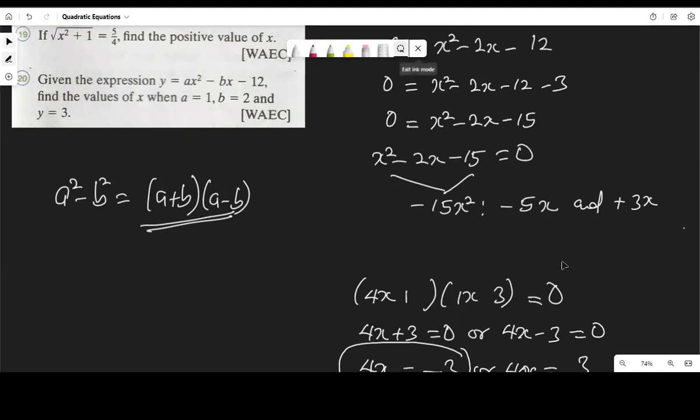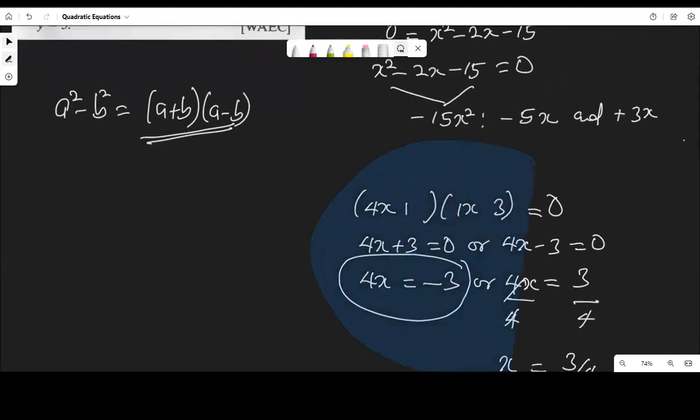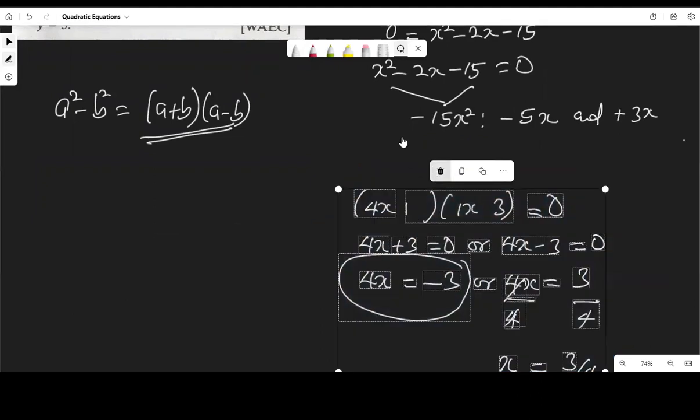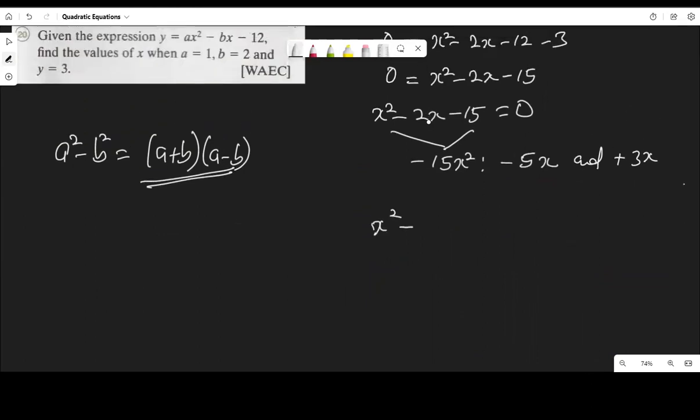So now that we know the factors, we're going to replace the middle term with those factors so that the equation becomes x squared minus, instead of minus 2x, we replace this with minus 5x plus 3x minus 15 equal to 0. If we group these two by two, x squared minus 5x, and 3x minus 15 equal to 0.